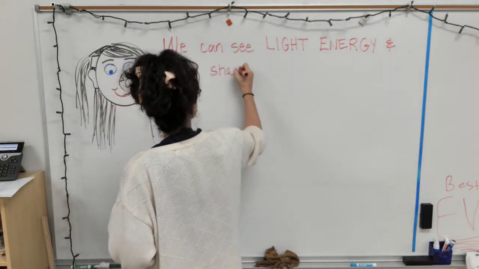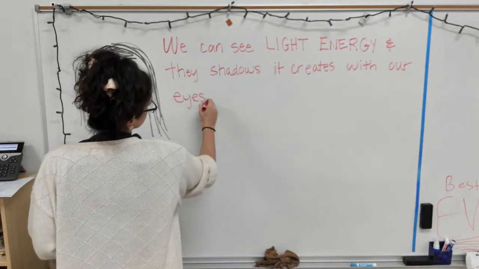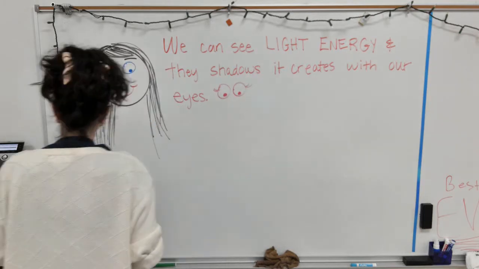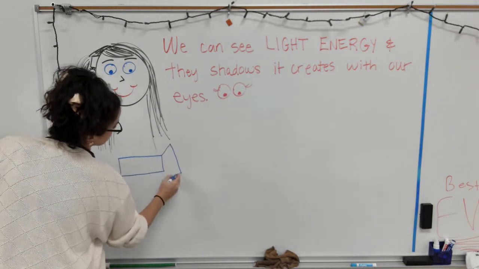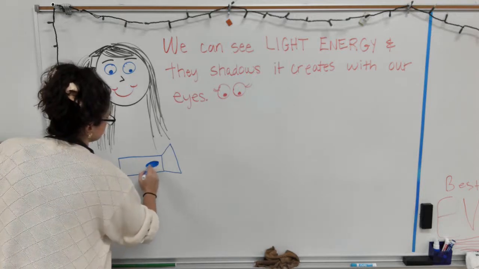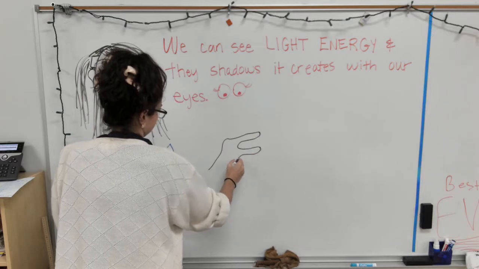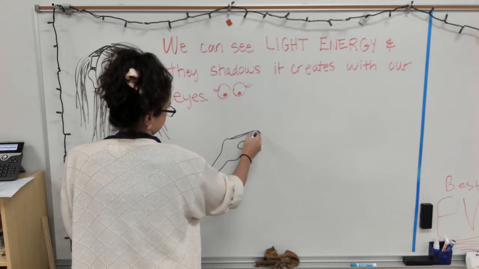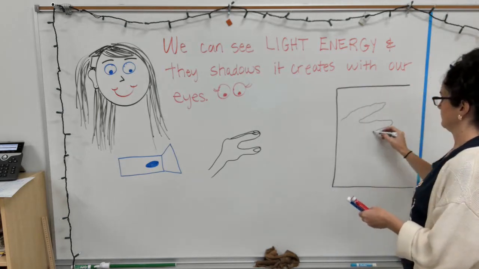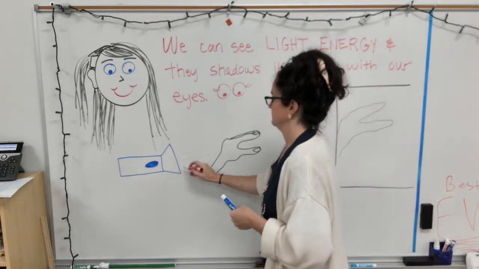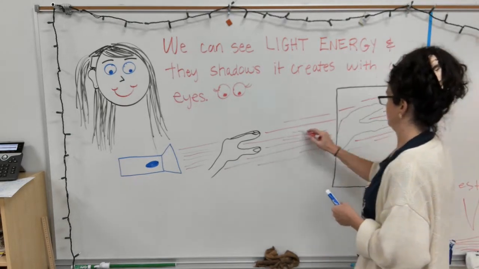Now, if light can go through an object, usually that object is clear or see-through, we call that transparent, then light will go through that object and it will create either no shadow or a very, very light colored shadow. However, if light travels in that straight line and comes in contact with an object, then the light cannot go through that object.